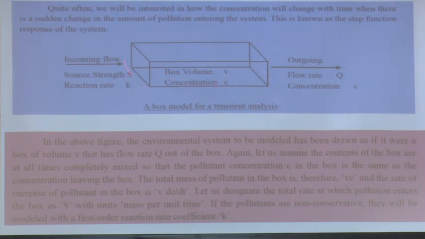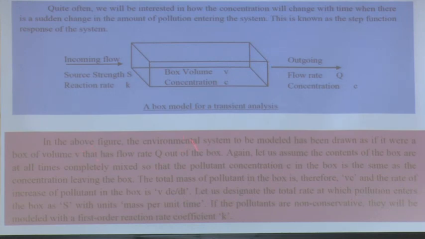If the domain of interest is represented by a box, then suppose the source strength is S and the reaction rate constant is defined by K, the box volume is V and concentration C, and outgoing you have a flow rate q and concentration c, then we can correlate how it will vary with time with some equations.